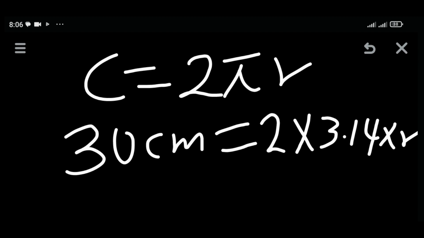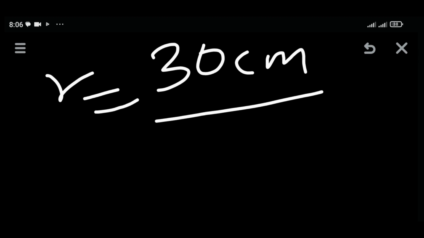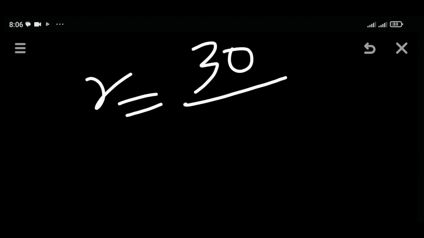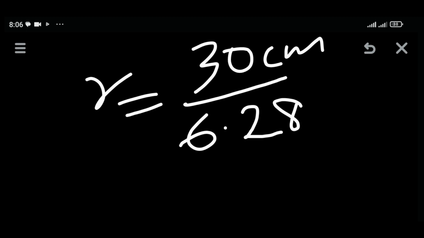Then making the radius the subject of the formula, we have radius equals 30 centimeters over 2 multiplied by 3.14. The next step then gives us r equals 30 centimeters over 6.28.